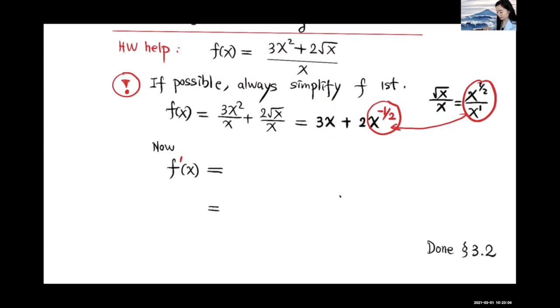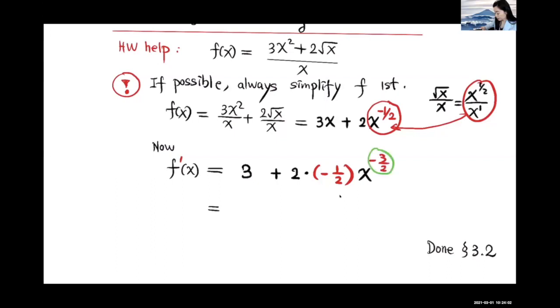What's the derivative of this? 3. Derivative of that is 3. And then the derivative of this here will be 2 times what? What's the derivative of x to the negative 1/2 power? Use the power rule. So negative 1/2 drops to the front, times x to the negative 3/2 power.